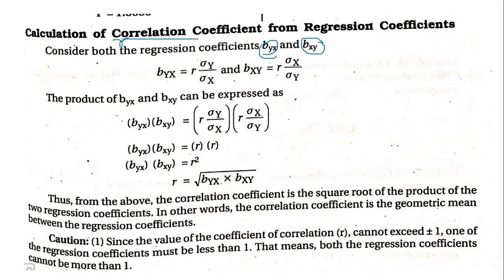So we are finding the correlation coefficient by using regression coefficients, and it is the square root of Byx into Bxy. This is the first and foremost important formula that you have to remember when such problems are given. They can ask this for 6 marks.